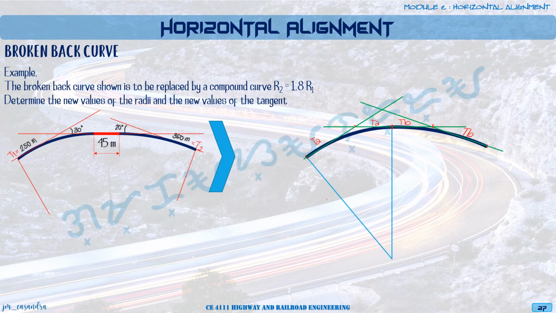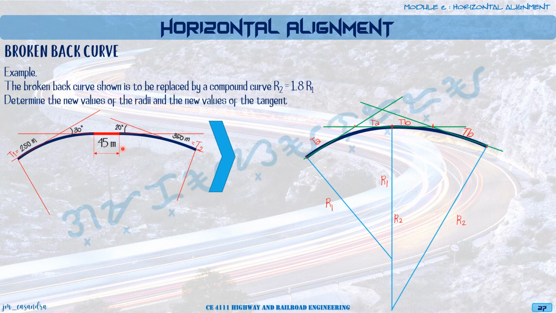So this is R1. This is also R2. So what we will be doing is to solve this figure now as a compound curve.